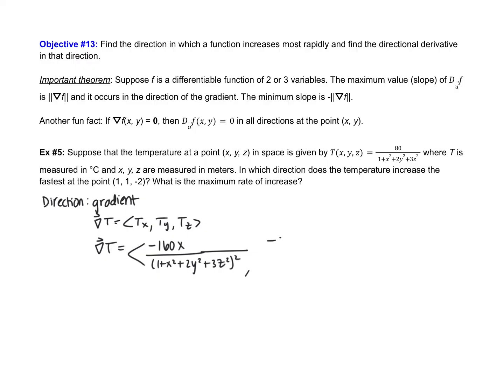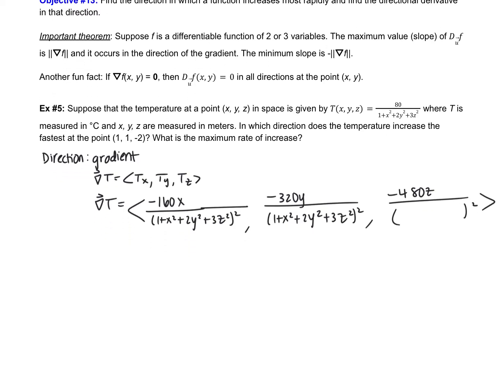And then I'm going to have negative 320y over 1 add x squared, add 2y squared, add 3z squared, quantity squared. And then negative 480z over that quantity squared again. I'm writing this in bracket notation, but of course I could write it in ij notation as well.